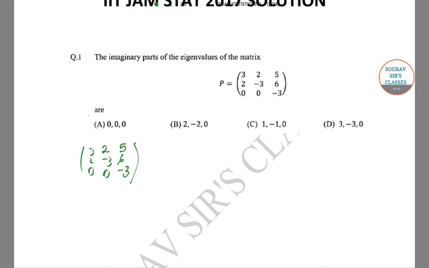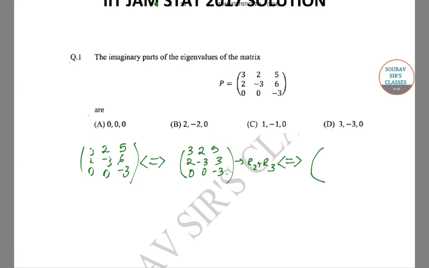You have 3, 2, 0, 2, minus 3, 0 and 5, 6, minus 3, which becomes 3, 2, 5, 2, minus 3, 3, 0, 0, minus 3. This is just after adding row 2 to row 3. So here this is row 2 plus row 3 in place of row 2.